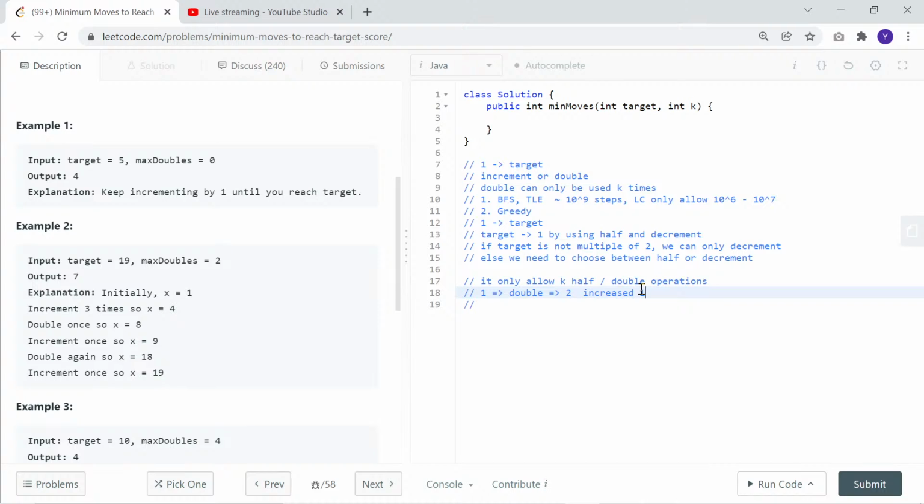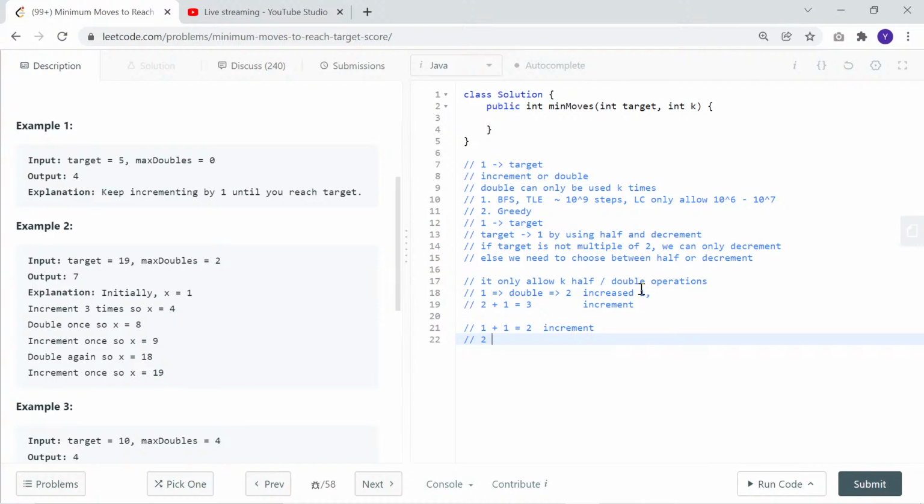So increase the 1, then we increase 1 again. Then we get 3. Another possibility is if we increment 1 firstly, we get 2, right?